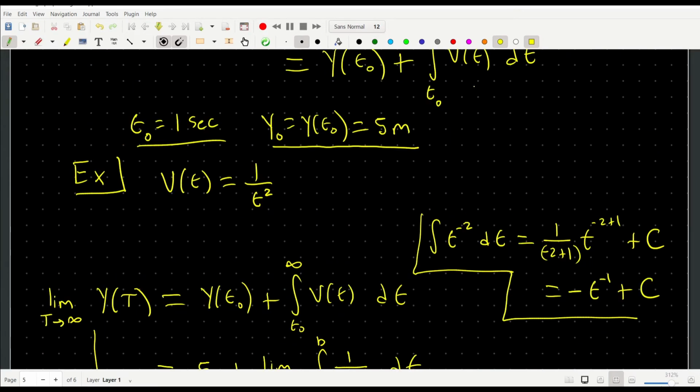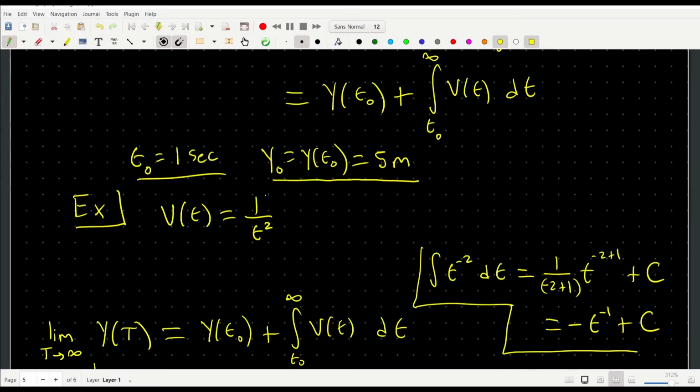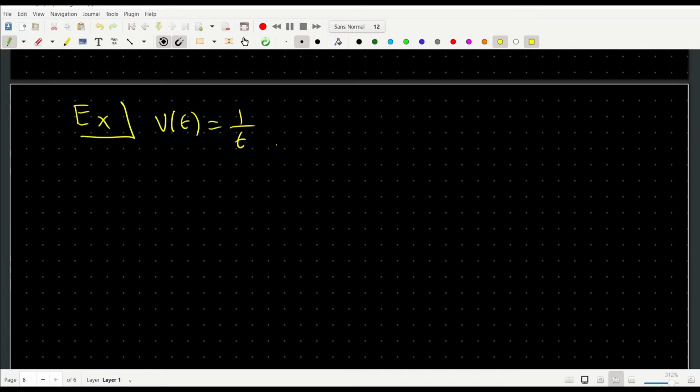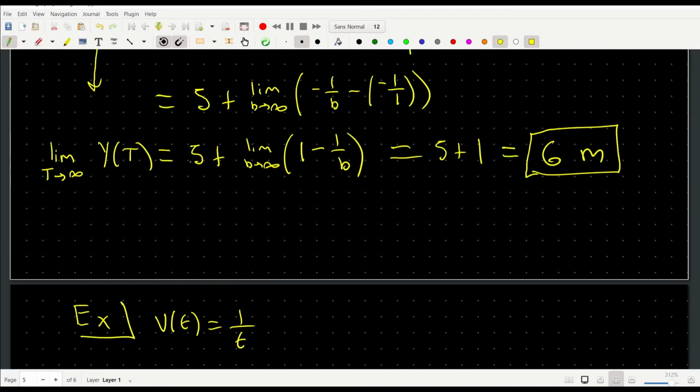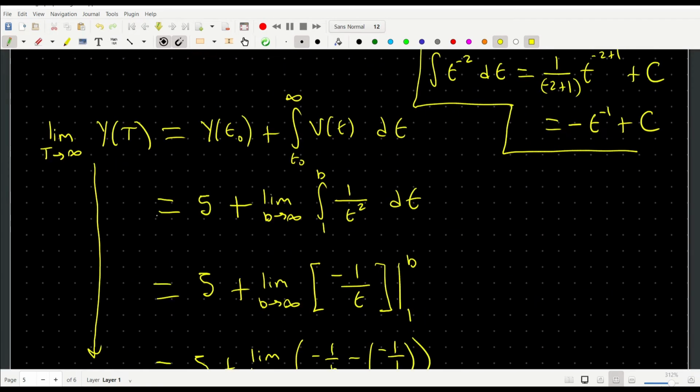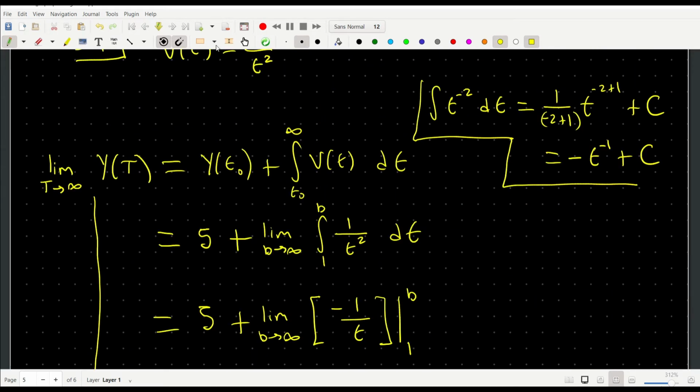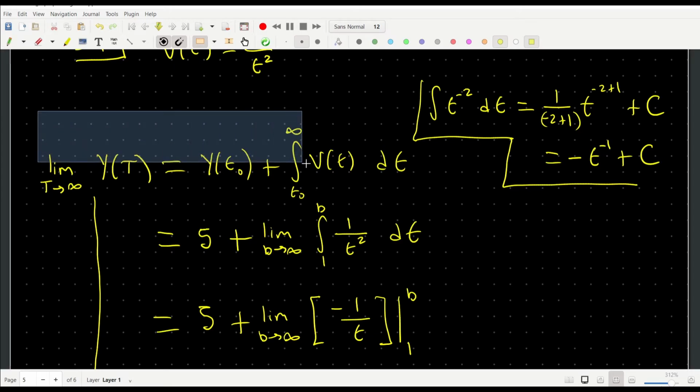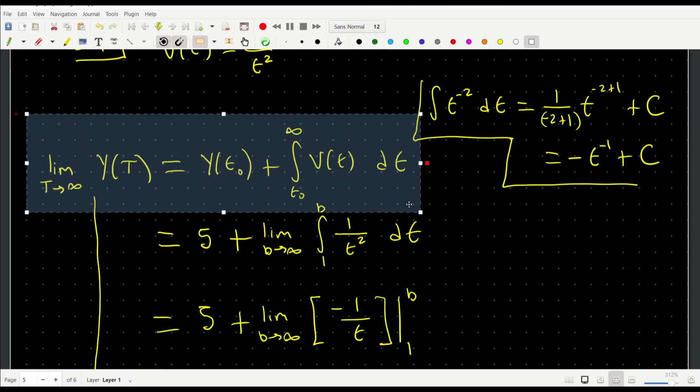Because for the velocity function of 1 over t squared, the velocity is decreasing to 0 as time goes to infinity. For the velocity function of 1 over t, it's also decreasing to 0 as t goes to infinity. But we're going to get a very different answer. These two example velocity functions give us two very different phenomena.